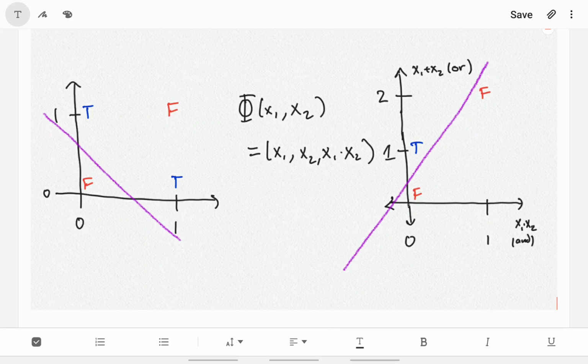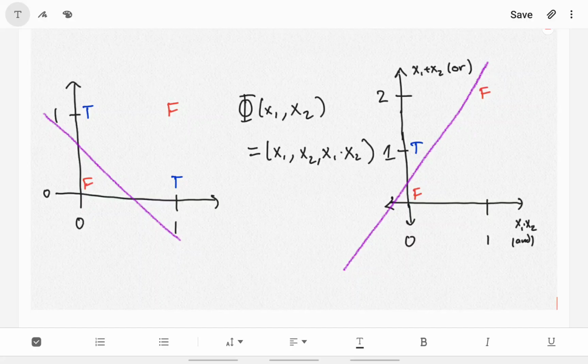Now if only one of them is true, then x1 plus x2 is 1, but x1 times x2 is 0, and so you get this true at the 1, 0 coordinate. But if x1 and x2 are both 1, then x1 plus x2 is 2 and x1 times x2 is 1, so we're up at this coordinate up here, and we have a false up here.